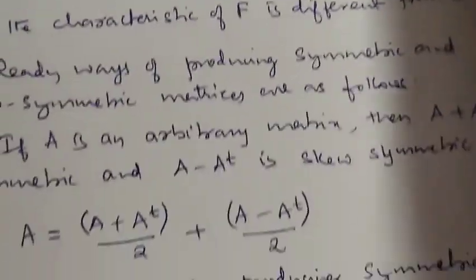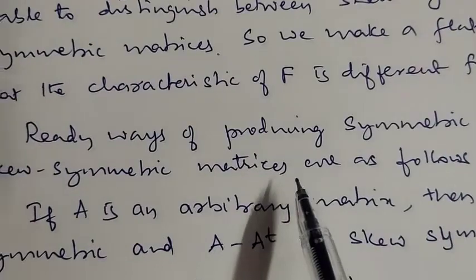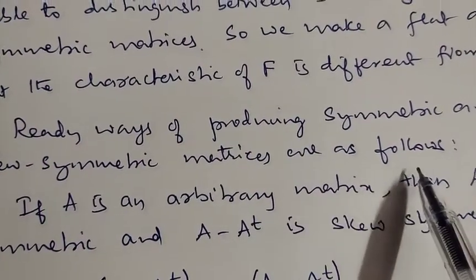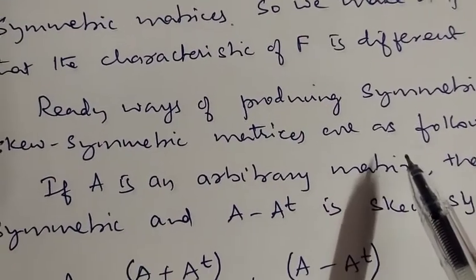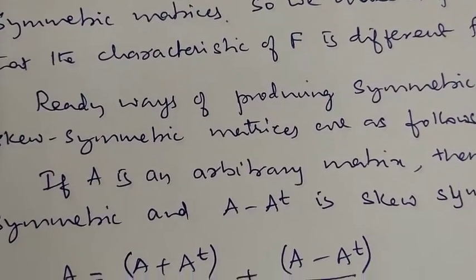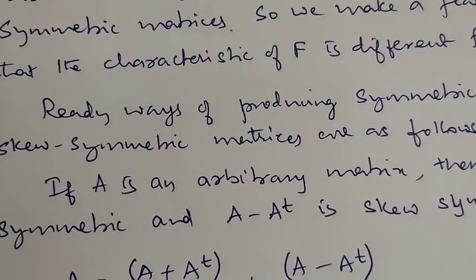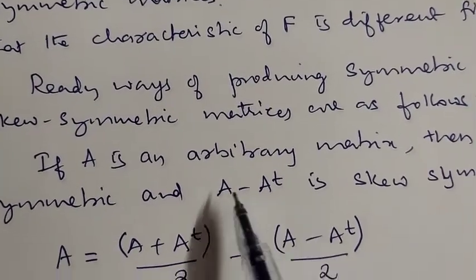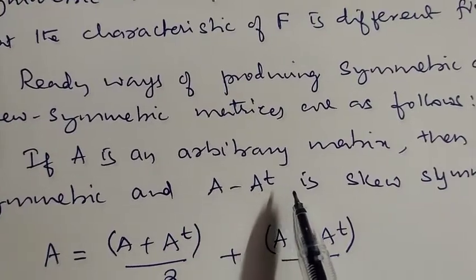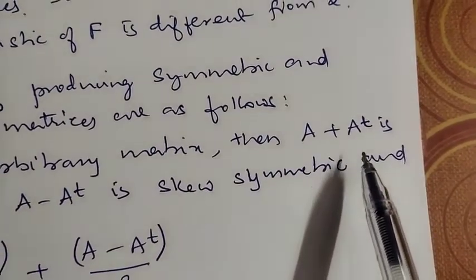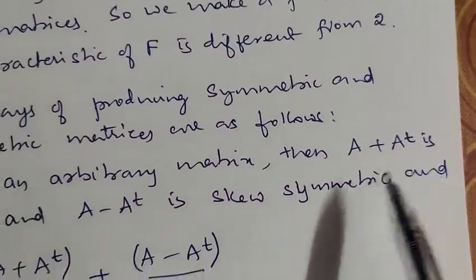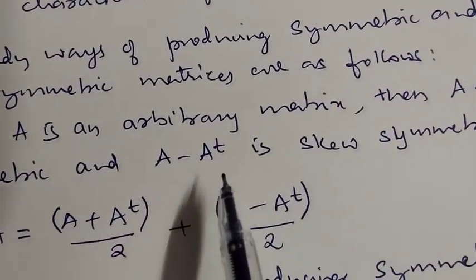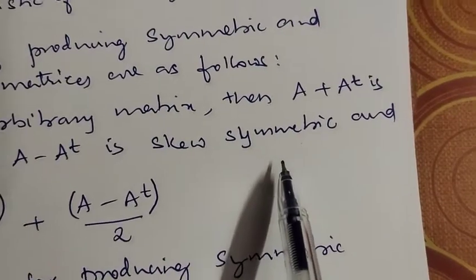Now, ways of producing symmetric and skew symmetric matrices are as follows. Suppose you are given some matrix, how do we obtain a symmetric and a skew symmetric matrix from that? This is the procedure. If A is an arbitrary matrix, then A plus A transpose is always symmetric and A minus A transpose is always skew symmetric.